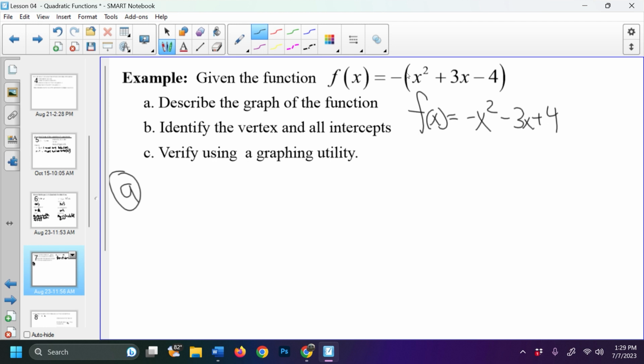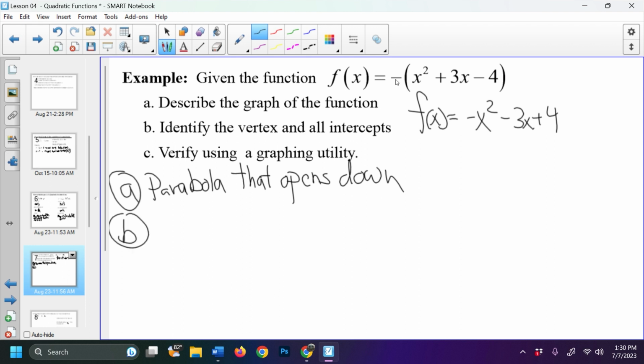That's just me distributing the negative to all those terms. The graph of this function is a parabola that opens down. Part B: identify the vertex and all intercepts.